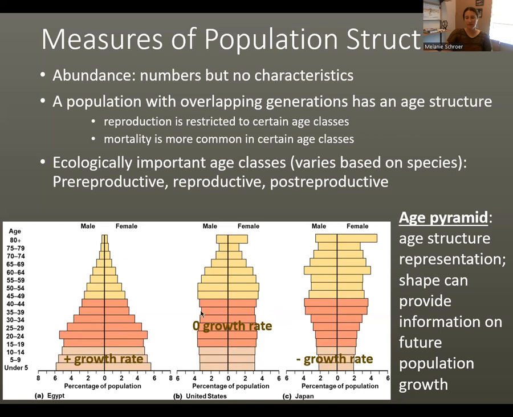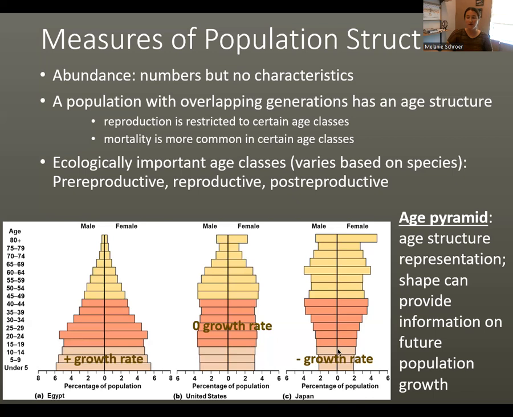In the US, this is about a 0 growth rate, right? You can see about the same number of reproductively aged individuals compared to post-reproductively aged individuals. And if we look at Japan, we can see that there are actually more post-reproductive age than there are pre-reproductive age, right?